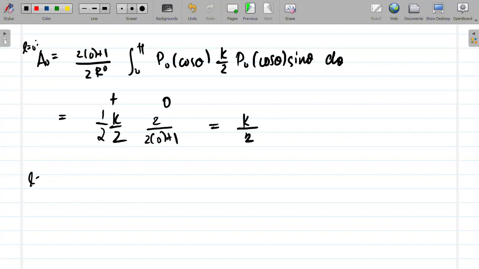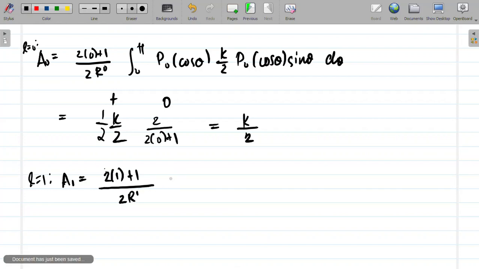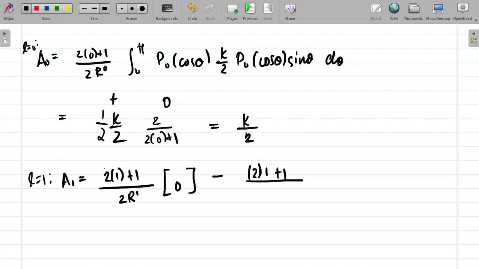Ano naman ang L equals 1? We have A1 equals, sundan nyo na lang, (2 times 1 plus 1) over 2r to the 1 times 0 yung first integral minus (2 times 1 plus 1) over 2r to the 1 k over 2 then 2 over 2L plus 1.